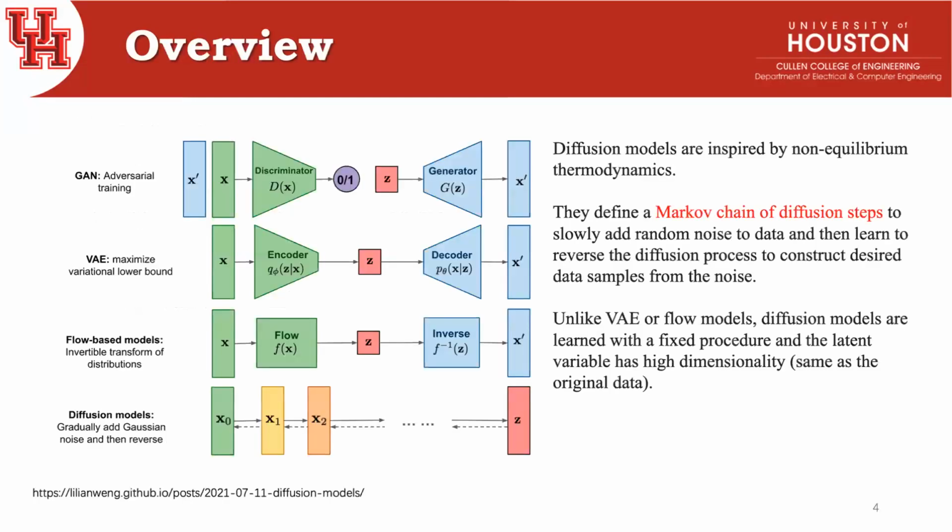First, let me introduce the overview of the diffusion model. In image generation, we have a lot of tools like GAN, VAE, flow-based models, and diffusion models. What's the difference between diffusion models and the other models?